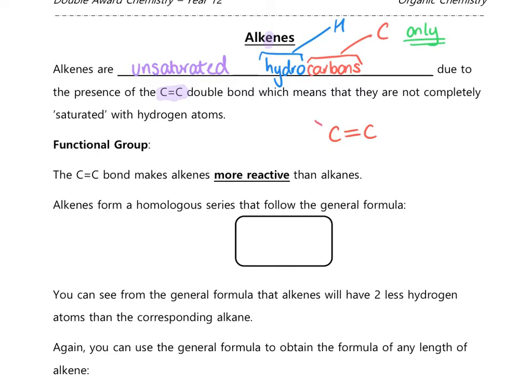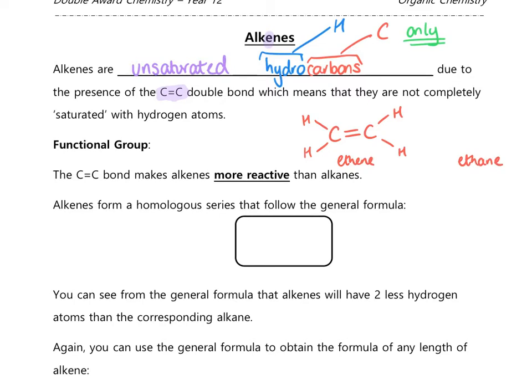So that means each of these carbons can only have 2 more hydrogens. They can only have 2 more hydrogens. So each of those carbons is not saturated with hydrogen atoms because actually 2 of the bonds are used up by bonding to another carbon. So this is ethene.